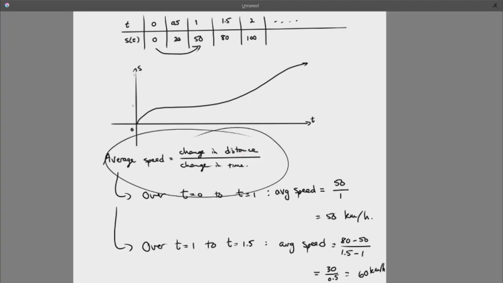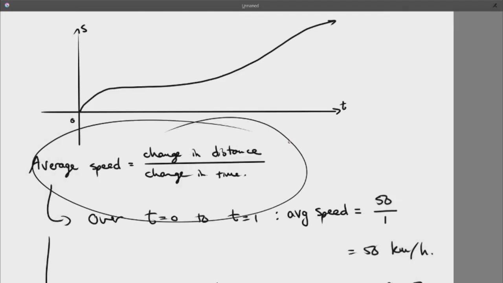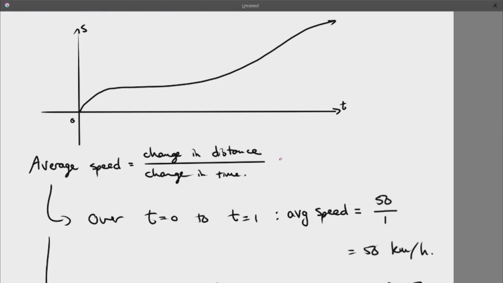Distance being the vertical axis, time being the horizontal axis. What does that remind you of? Slope. Yes. Nice. So because I have distance and time in my graph, this is exactly the quote-unquote change in y over change in x. So this is exactly the slope of a line.